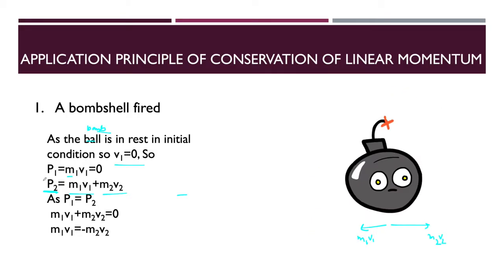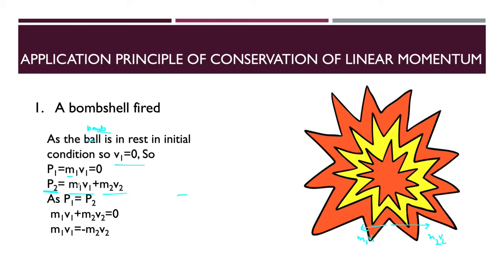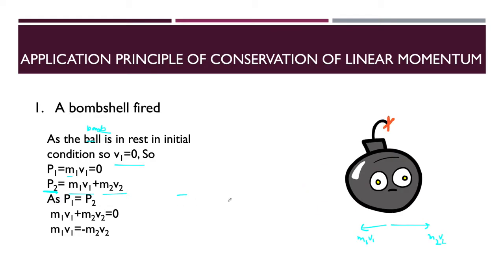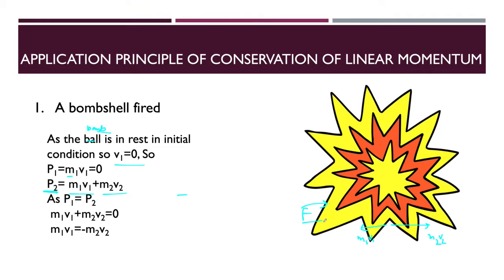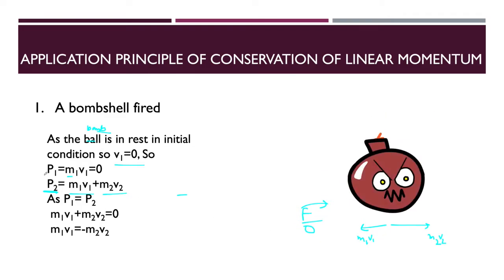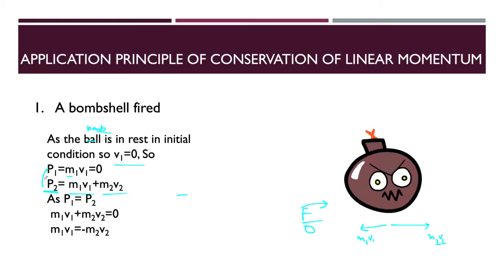Because the bomb has got divided into two parts, the first part will have one mass and one velocity, and the second part will have another mass and another velocity. But according to Newton's third law of motion, we already know that when no external force is applied, that means the force is 0, the final momentum will be equal to the initial momentum.